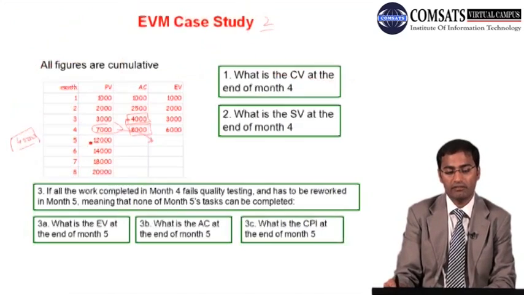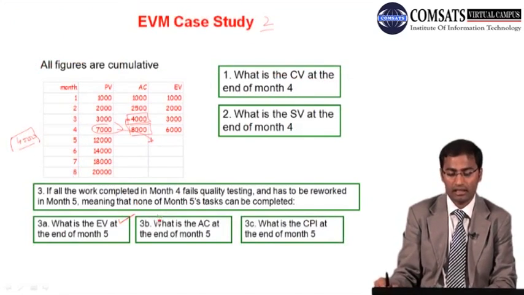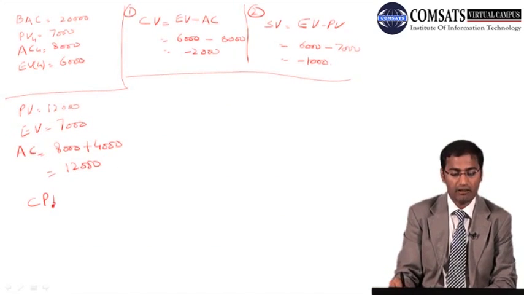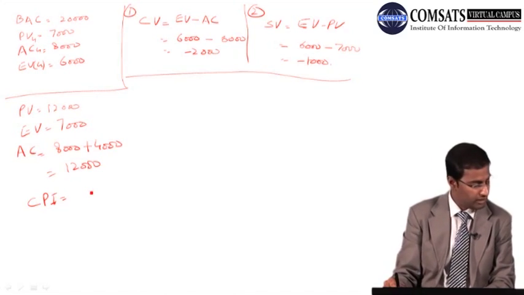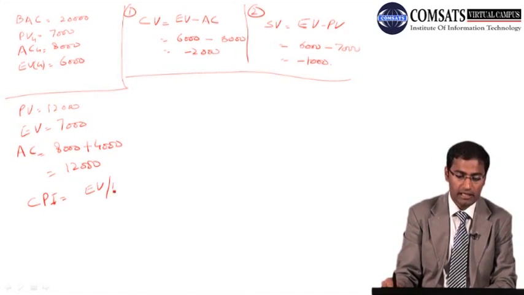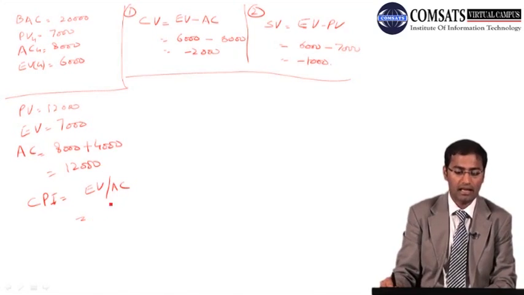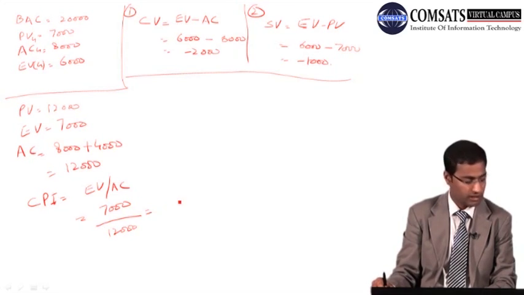Now that is EV we have found out, and AC found out, and now CPI. So CPI at the end of month 5 will be EV by AC, and hence that is 7,000 divided by 12,000, and if we calculate that, we come to 0.6.